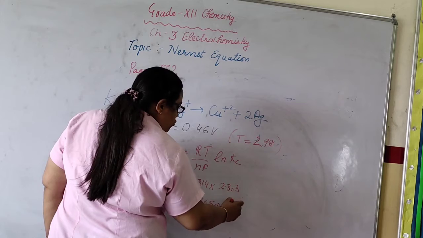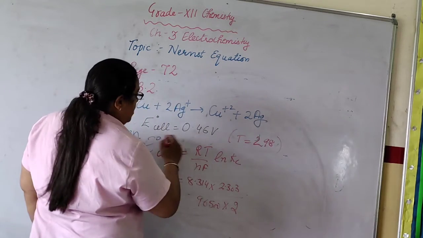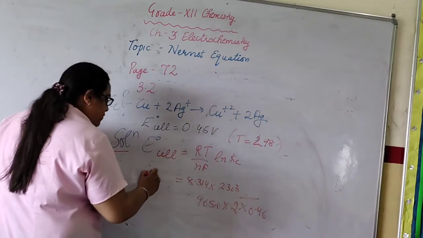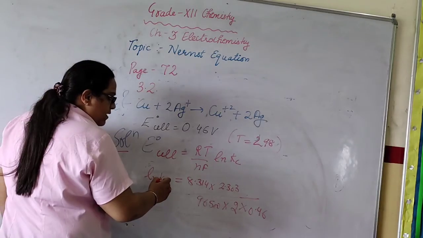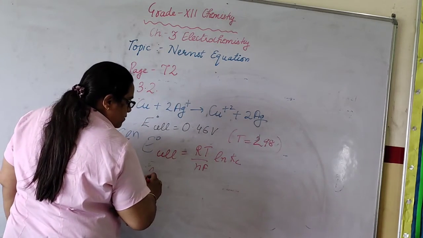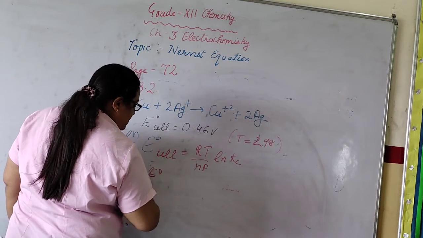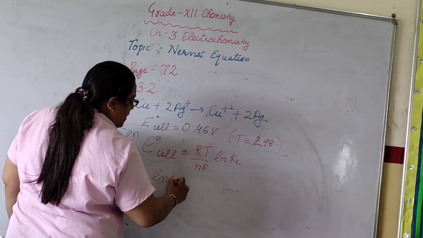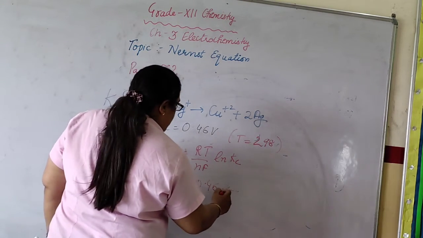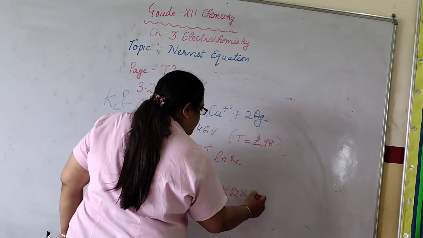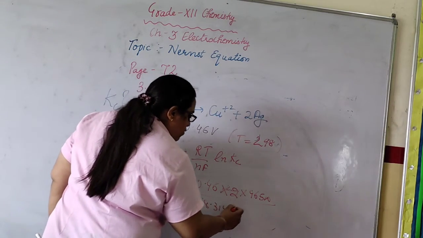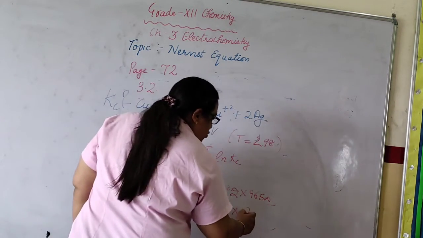So log Kc will be E naught of cell, that is 0.46, into 2 into 96500 over 8.314 into 298.